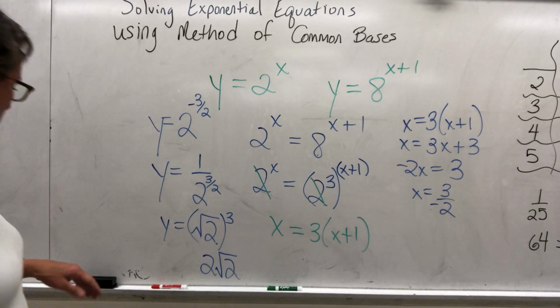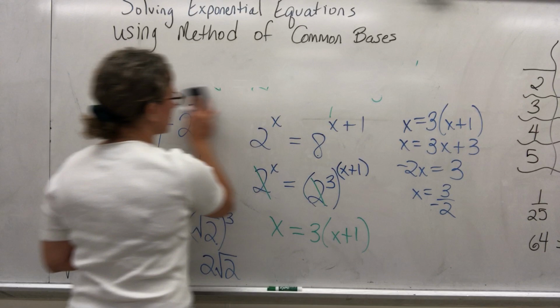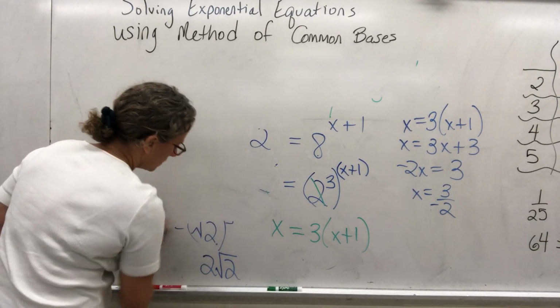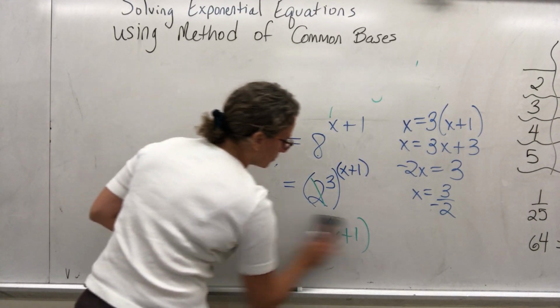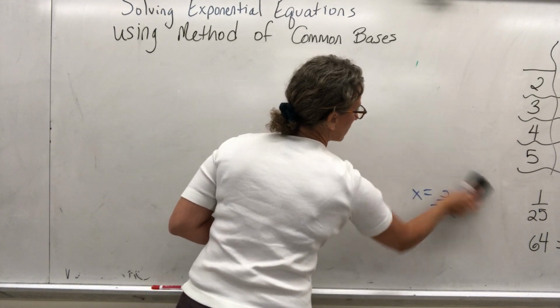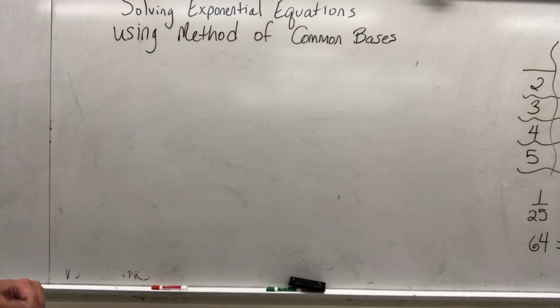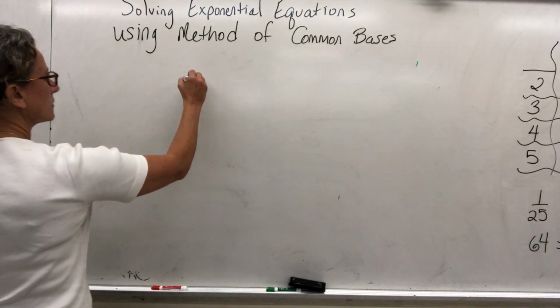Now other bases that you'll have to change, you may have to reciprocate them first, and you may have to raise them to negative exponents in order to change their base. So let's do one where we have to change two bases at the same time.